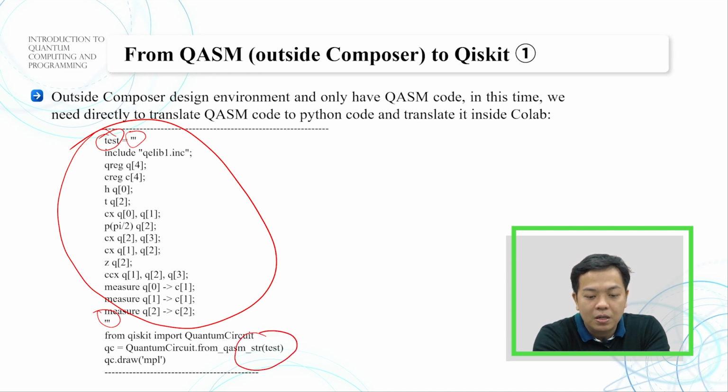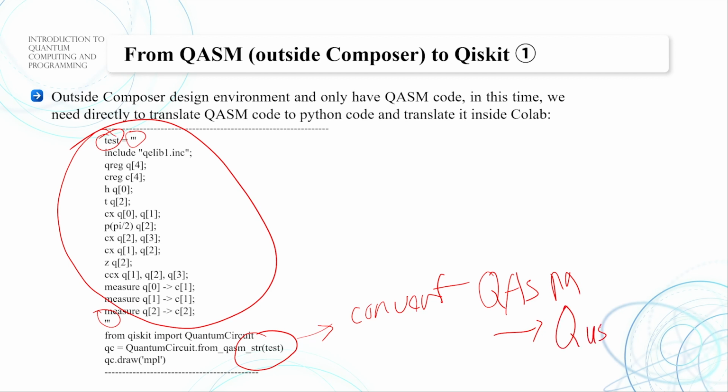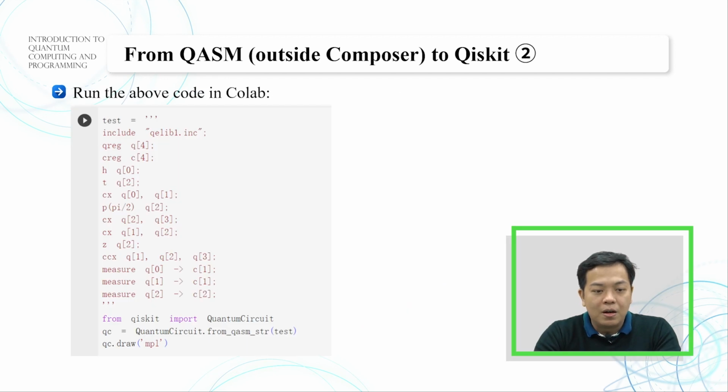You put in the QASM string, so this is to convert from QASM to the Qiskit code. And over here you can run it in the Colab.